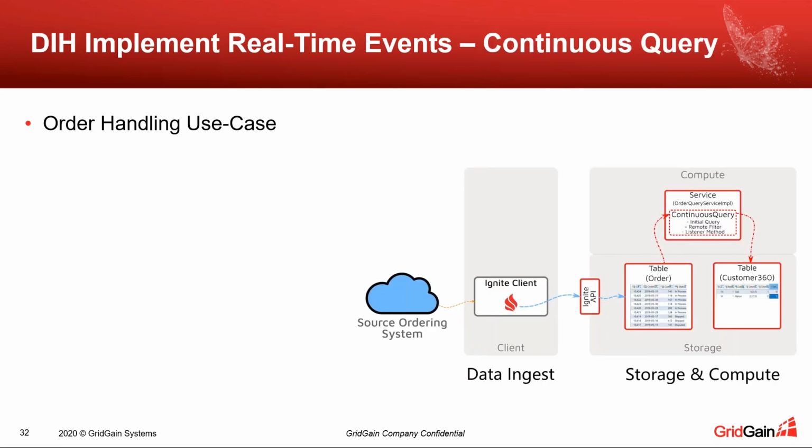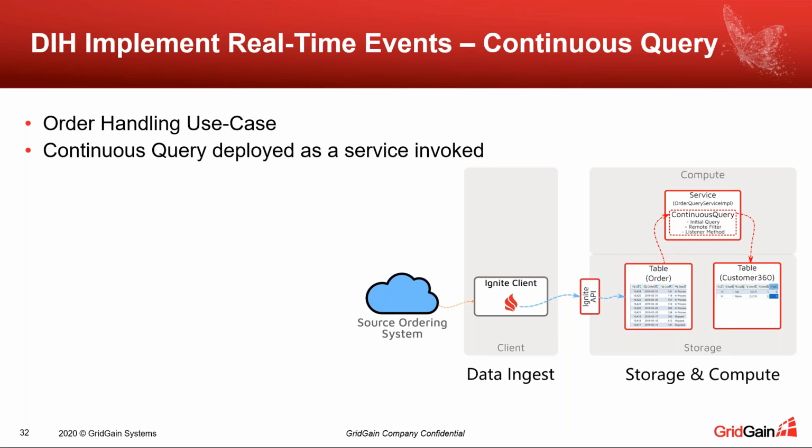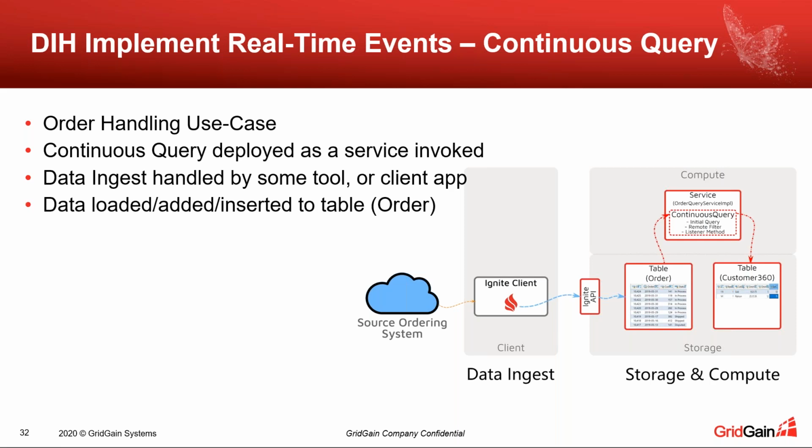Now, if we look at a simple example, for instance, the order handling that we talked about in our use case, we see a continuous query deployed as a service attached to the order table. Data is then ingested by some tool or client or app. The continuous query, well, the data does get loaded into the table, yes, because it gets through the interceptor.